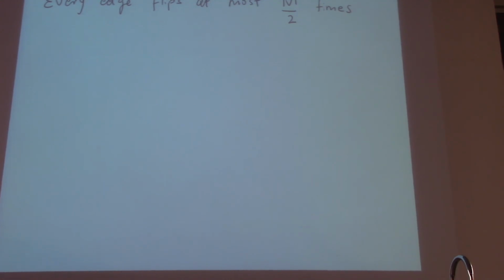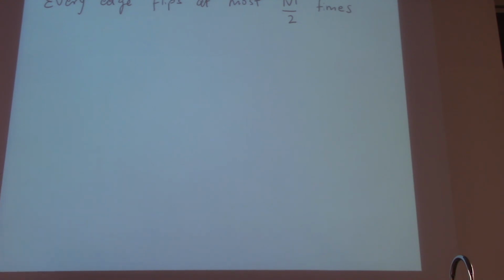Since every augmenting path withdraws at least one from that budget to flip, I will have an upper bound on the overall algorithm running time. I am claiming this fact here. This is not the budget I wanted, but it's a budget.